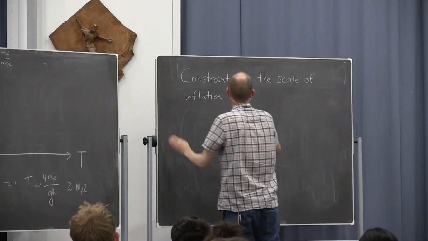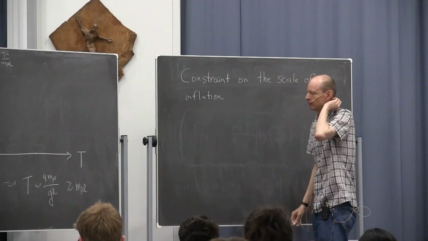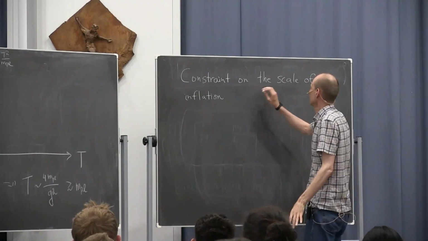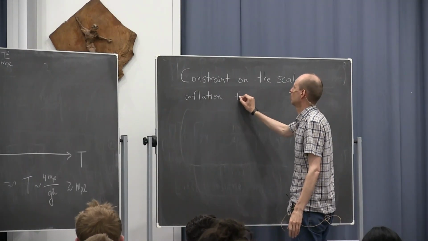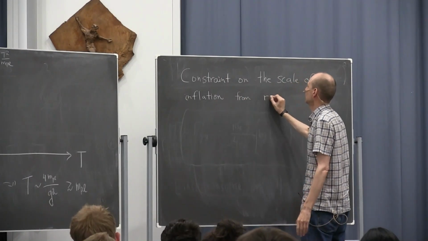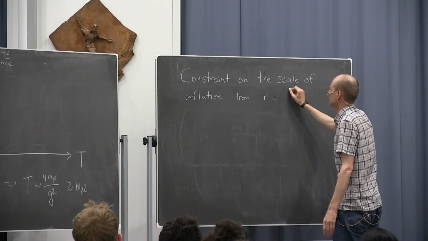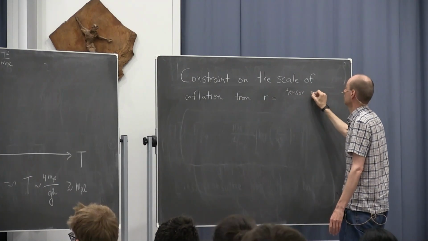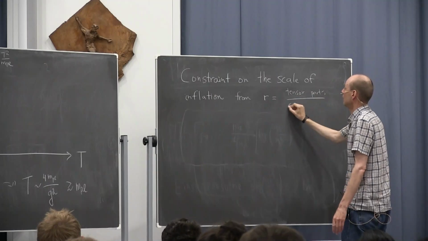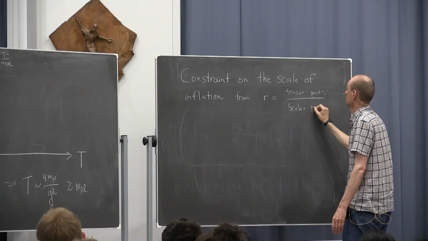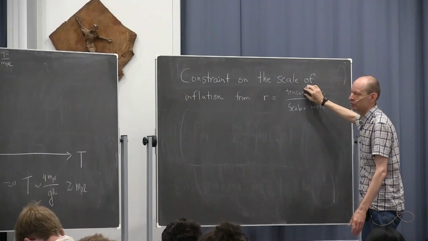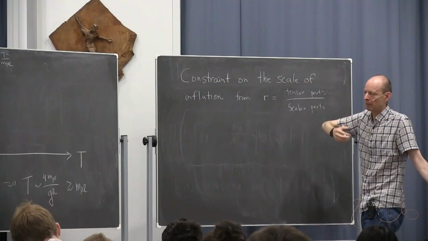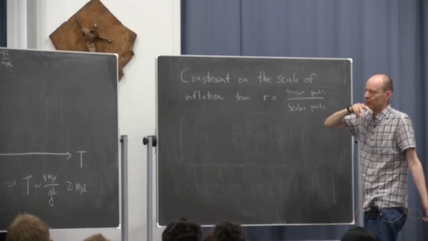In fact, inflation also produces gravitational waves, and one of the constraints is from what we call r, the ratio of tensor perturbations over scalar perturbations. And tensor perturbations are just gravitational waves. I suppose these are things that Yvonne will be talking about next week.